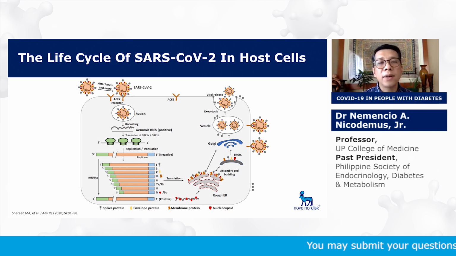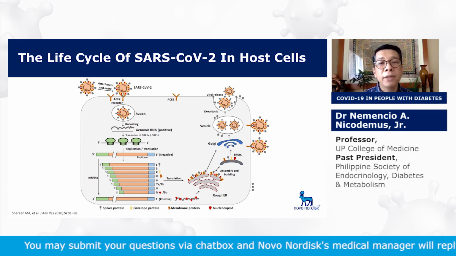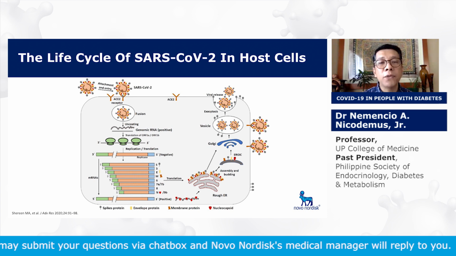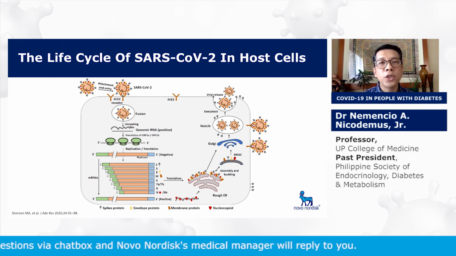And you can see here that the virus, which has the S protein as part of its membrane, will only enter the cell if there is a particular receptor. That receptor has been identified in humans as the ACE2 or the angiotensin converting enzyme 2.